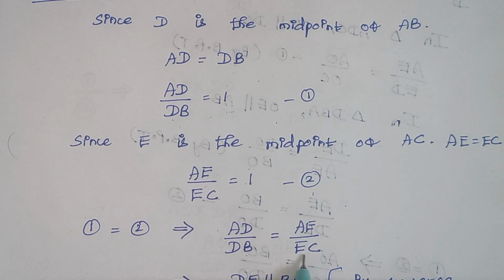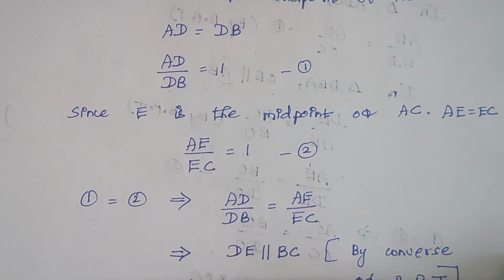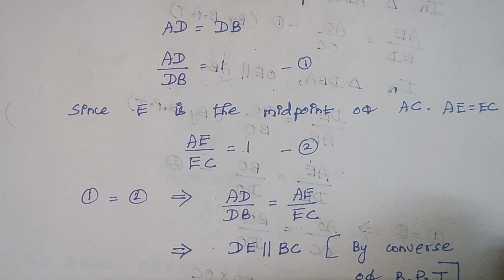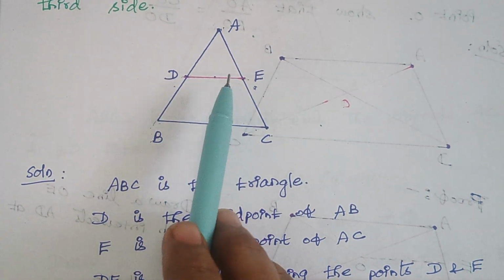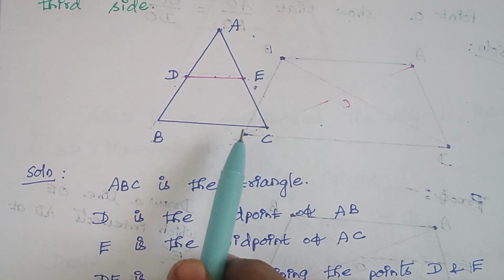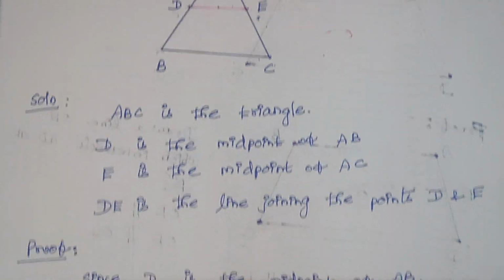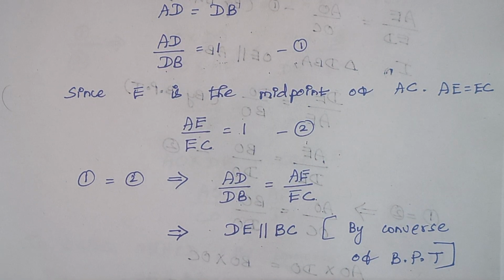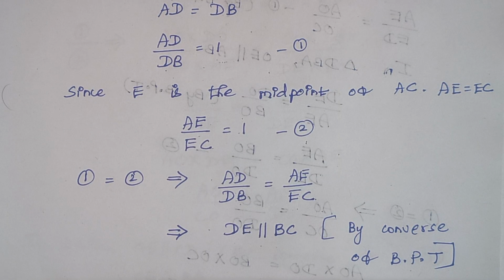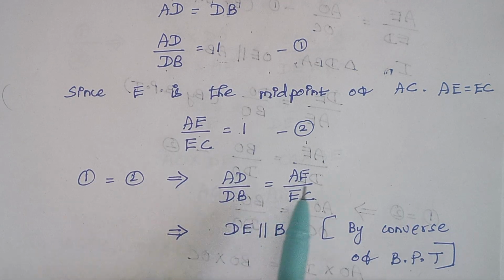So when the ratios are equal, obviously DE is parallel to BC, that is, the line that connects the midpoints of two sides of the triangle is parallel to the third side. How does this come? This comes by the converse of the basic proportionality theorem. The converse of the basic proportionality theorem tells that when the ratios of the sides of the triangle are equal, then the line joining the two points on the sides of the triangle is parallel to the third side.